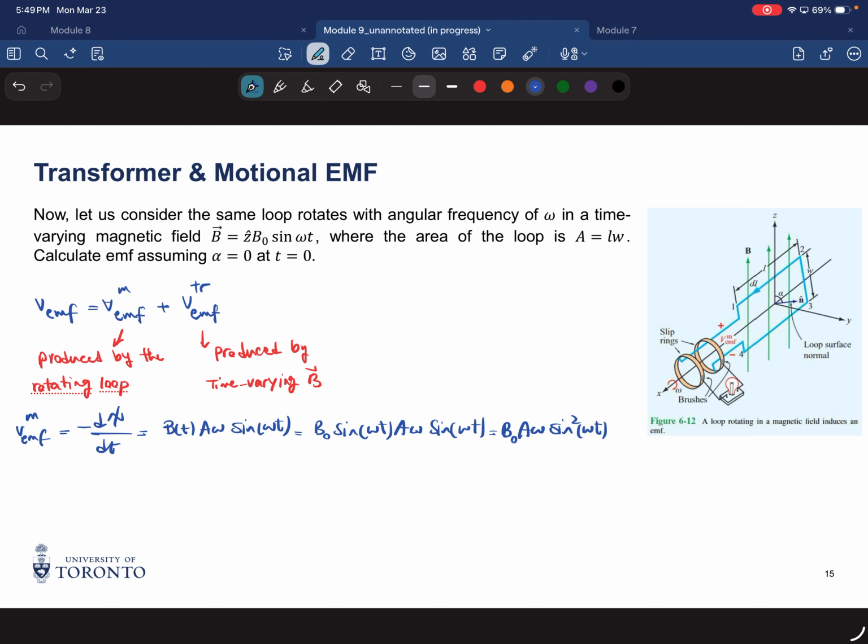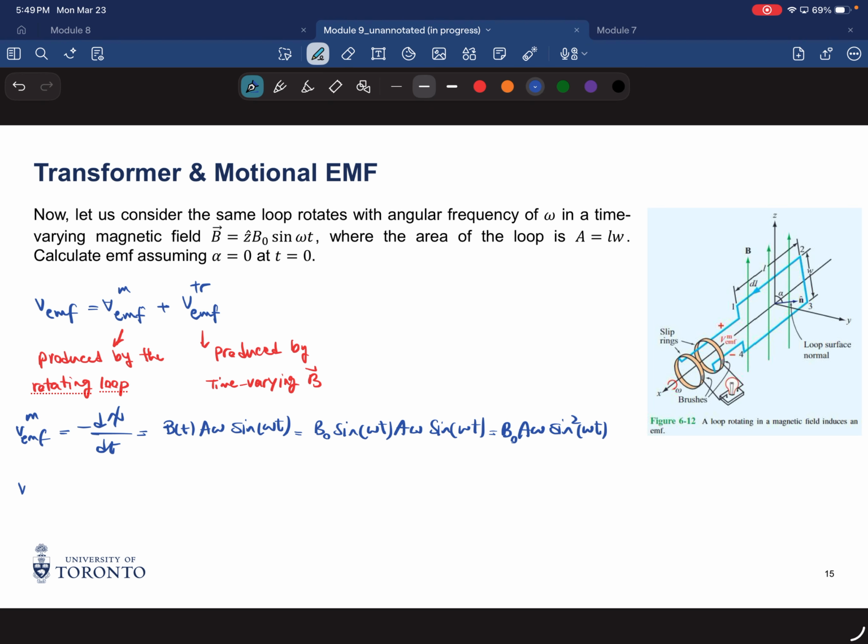So when we are considering the motional emf, we don't care about the time derivative of B of t. Just like the product derivative of two functions, we are considering B of t to be constant. That's why we can easily just plug it in here.